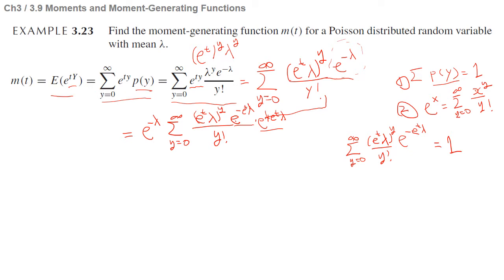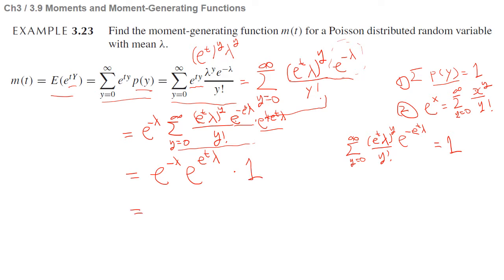We can move the constant outside, which is e to the minus lambda times e to the e to the t lambda, and now this part is a sum of probabilities equal to 1.